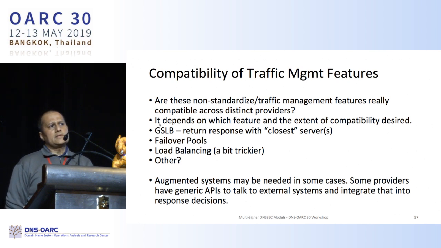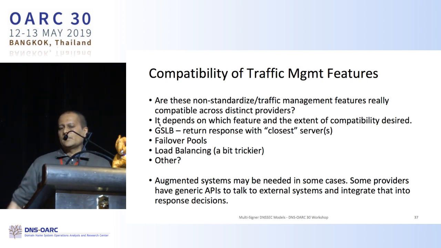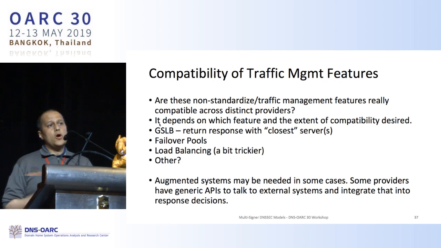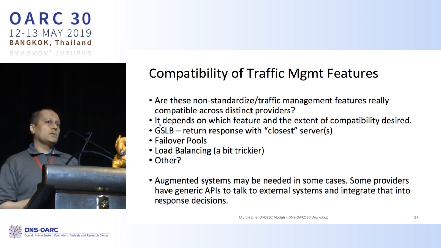Those kind of things just seem to work, more or less. Very accurate load balancing is a little bit of a trickier problem. So in some cases, you may need to augment the authoritative DNS systems to talk to external systems. But it turns out that some providers, I think Jan's company is one of them, already have hooks to talk to a variety of external systems, extract information from those systems, and use that in the decision to select a response.